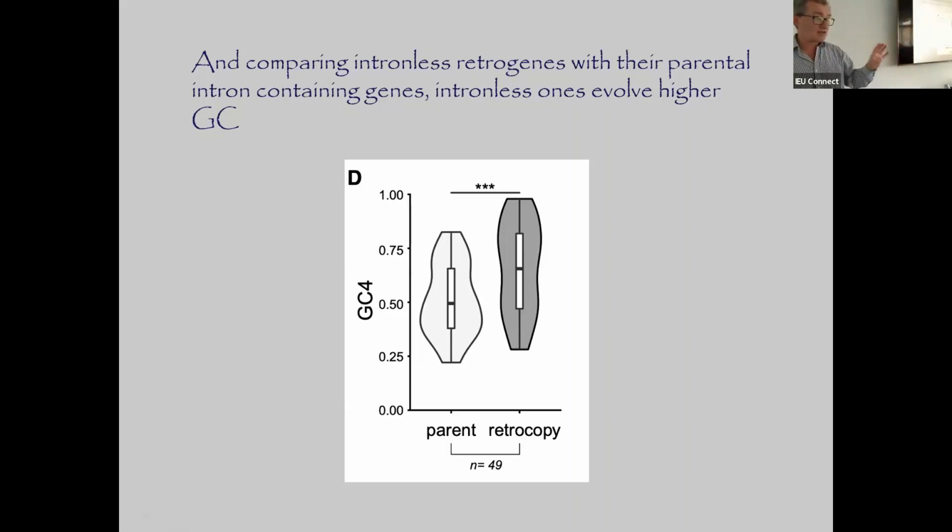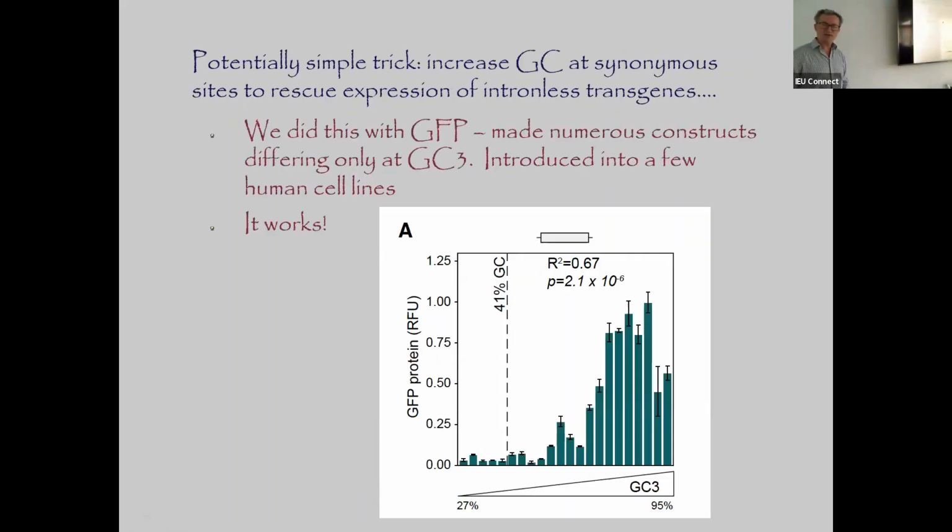We now understand why this GC content matters. I'll go on to that shortly. But the first trick, which we did with Greg Kudler's lab, was to take an intronless transcript, GFP, and simply change the synonymous sites. It will always be GFP, we just change the synonymous sites. And as you can see, we can completely kill a gene by giving it a high AT content.